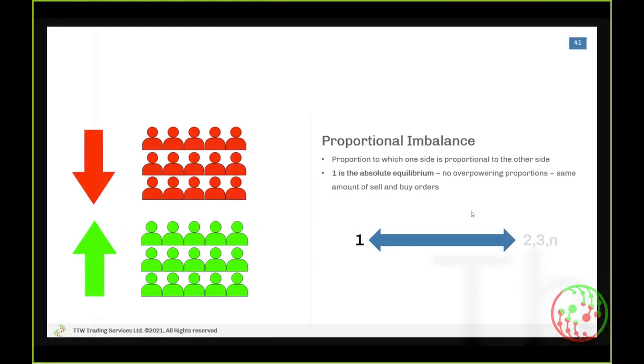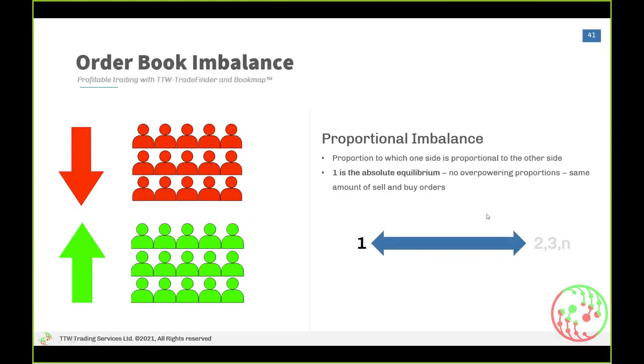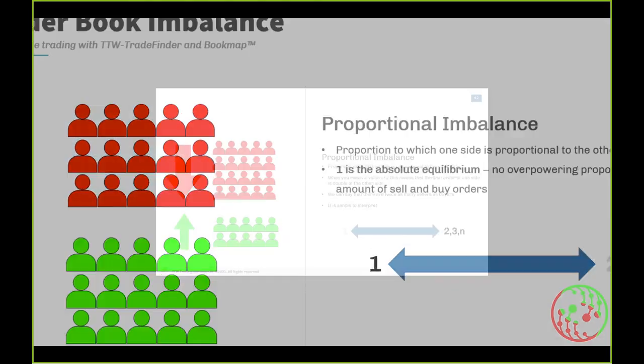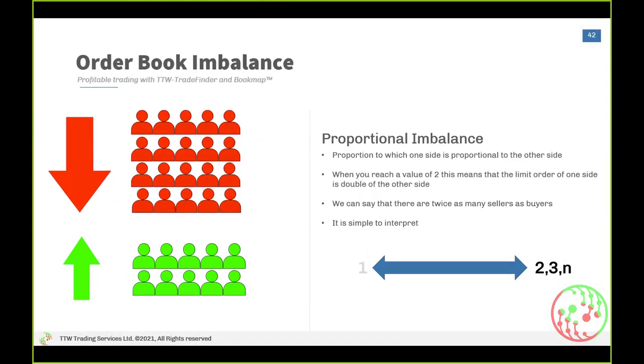Order book imbalances. Besides the liquidity, the order book imbalances are important as well, because the price seeks liquidity and the price looks for order book imbalances in the book. Where is the highest liquidity located?